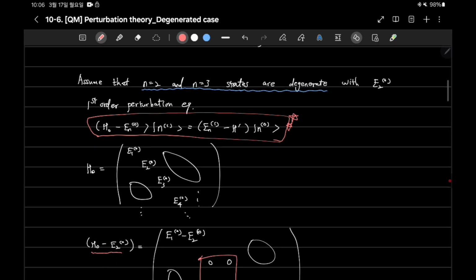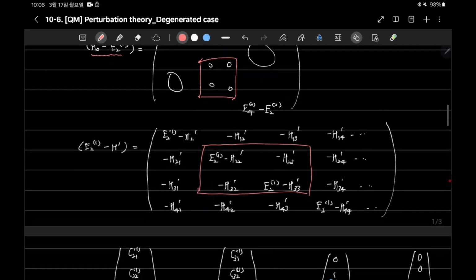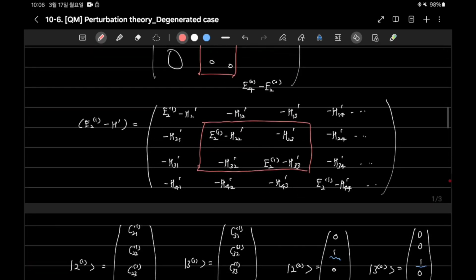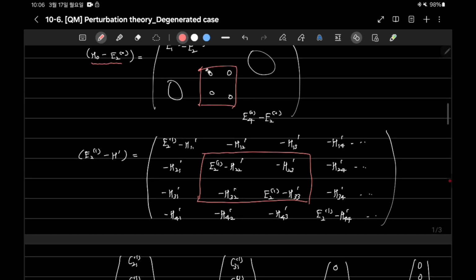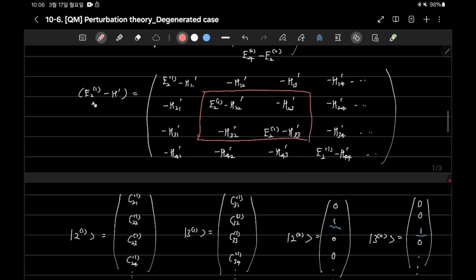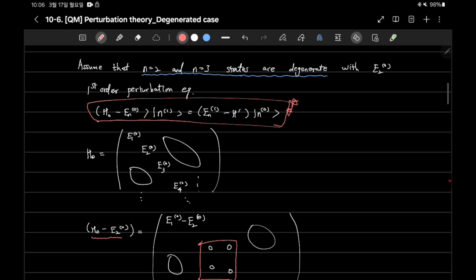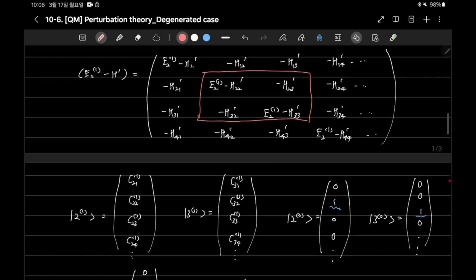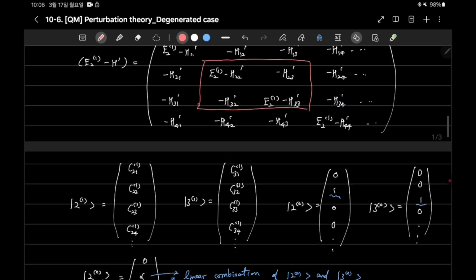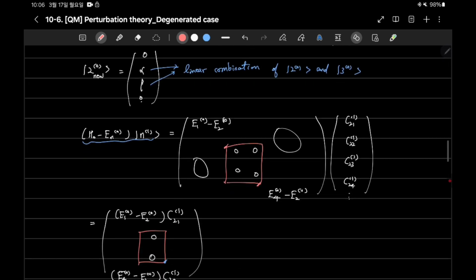Then from this matrix, if you assume that the second state and third state are energetically degenerate, it makes a 2x2 submatrix. Here are E20 and E30. From this equation, the left hand side and right hand side make this kind of matrix, so it can be 0.